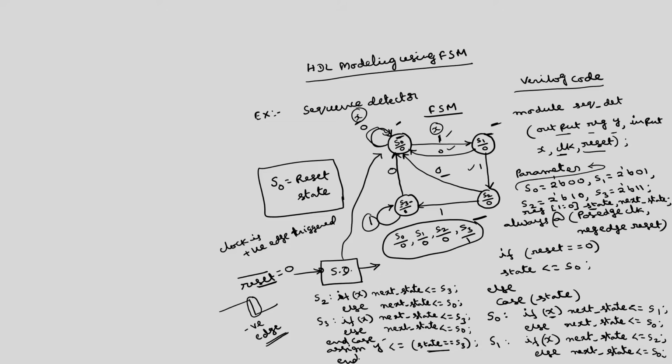Endmodule. So, this is about this Verilog code using FSM. Okay. You can see that this code is very simple when compared with the code which we have written for the sequential circuit which we have implemented using JK flip flops. Okay.